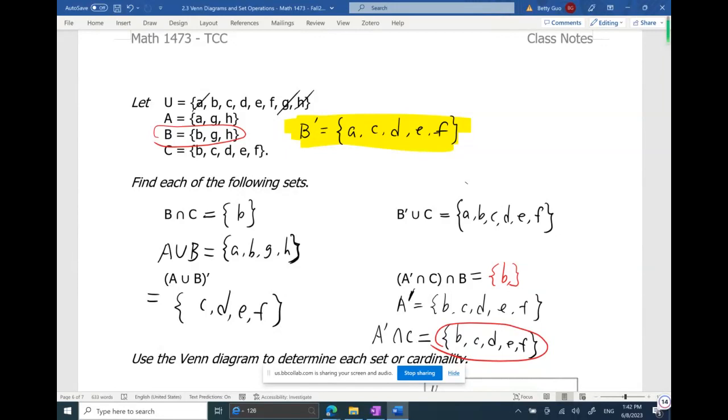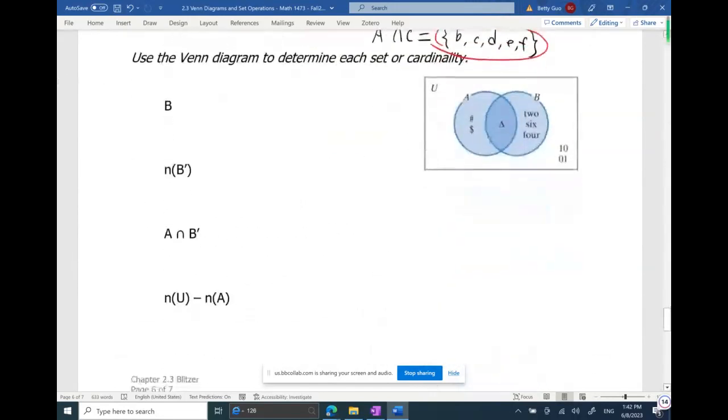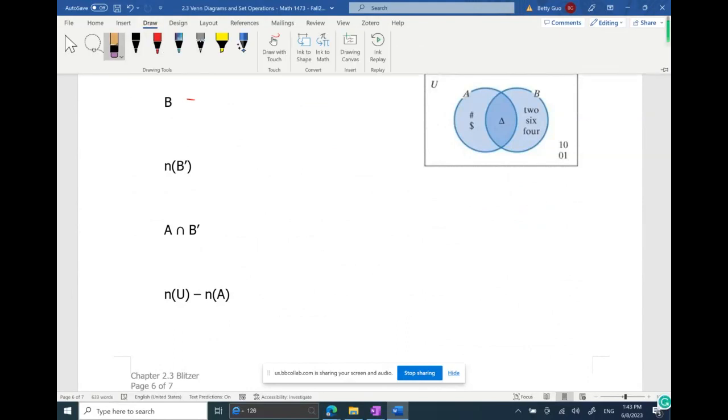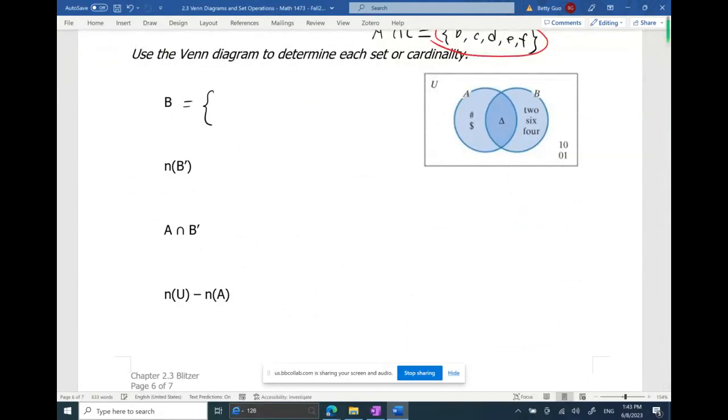Okay, so use the Venn diagram to determine each set or cardinality. Set B from this Venn diagram is the set represented by this circle, right?